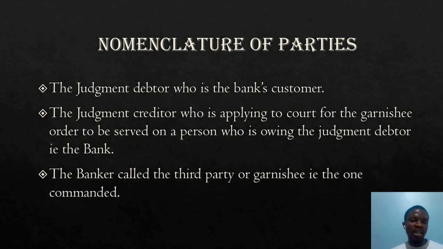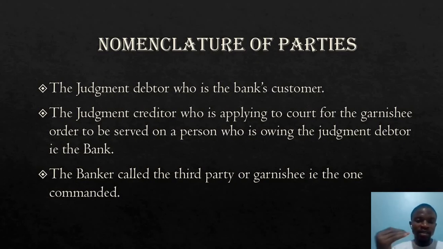Now, you must realize that why this is able to happen is because the relationship between a banker and a customer is a debtor-creditor relationship. The bank is a customer's debtor. So the bank is supposed to give you money that it is owing you whenever you want it. So instead of giving you that money, the bank now gives that money to somebody you are owing through a Garnishee. The banker is called the third party or Garnishee.